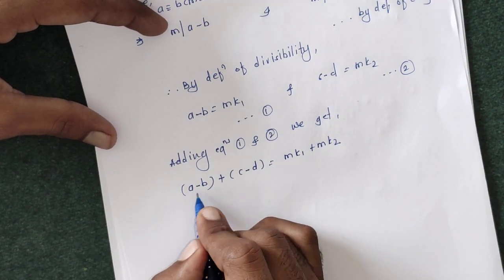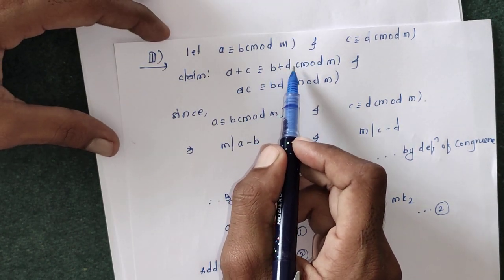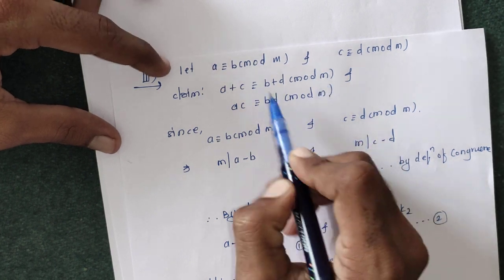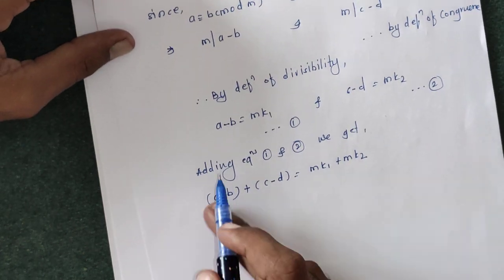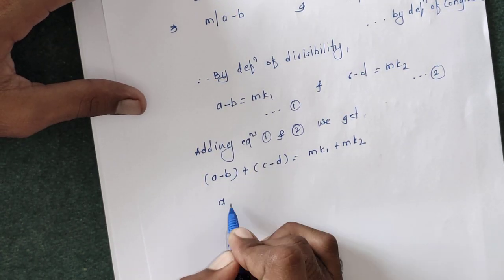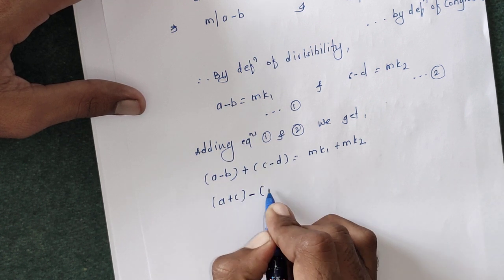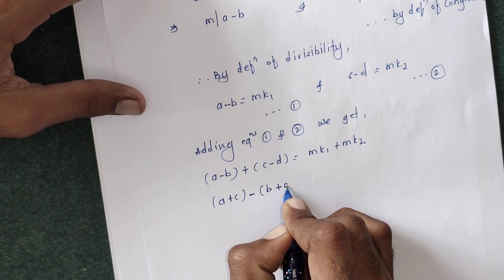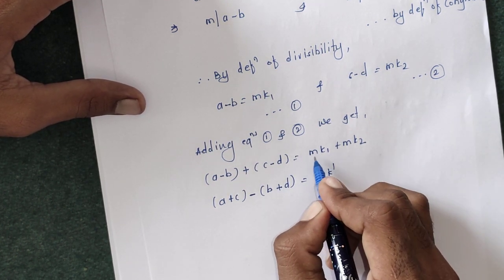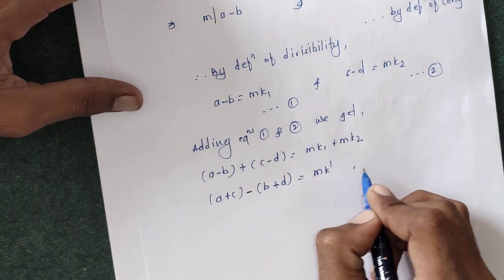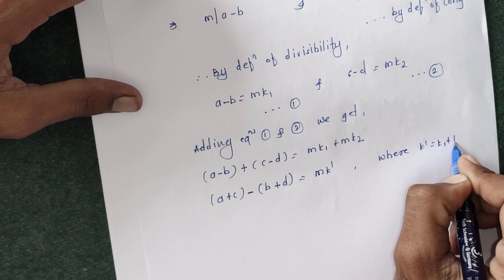So we have to prove that A plus C is congruent to B plus D mod m, that is, we have to prove that m divides A plus C minus B plus D. From this equation we can write A plus C minus B plus D, taking the minus sign common, and taking m common we get m into k1 plus k2, so m k prime, where k prime is equal to k1 plus k2.